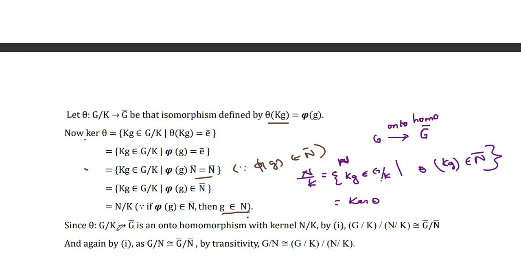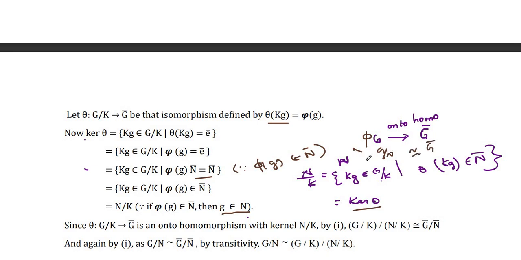So since theta from G mod K to G bar is an onto homomorphism with kernel N mod K, by the first subdivision, what we just now proved, we have this to be true. And here we notice that if we have to make use of the previous one, the condition required is you need to have phi from G to G bar to be an onto homomorphism with kernel K. Then G mod N only is isomorphic to G bar.